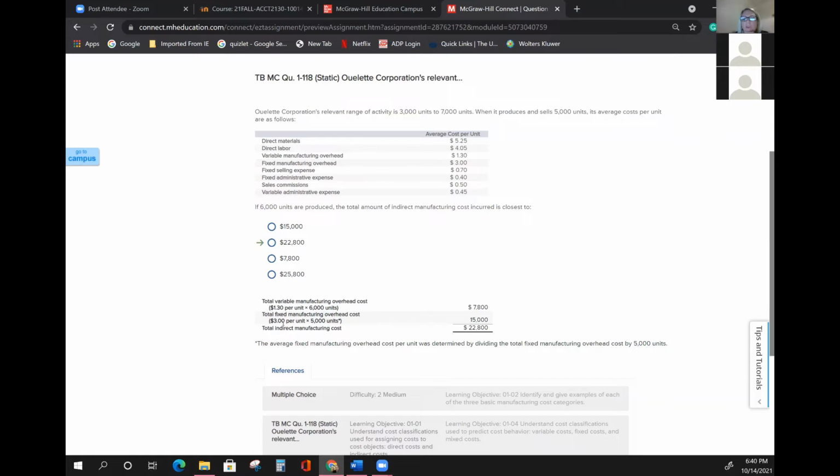Over here, you'll notice that I am pulling not the 6,000 units, but for my fixed manufacturing costs, I'm pulling the $3 times the 5,000 units, because it's telling me that when I produce the 5,000 units, this is what my average cost is going to be for the fixed. So I'm going to pull 5,000 times the $3, calculate that out, get my 15,000, and then we just add them together to come up with your indirect manufacturing cost. Okay, so just know what units you have to pull in, and what average cost we are using per unit in order to figure that out.